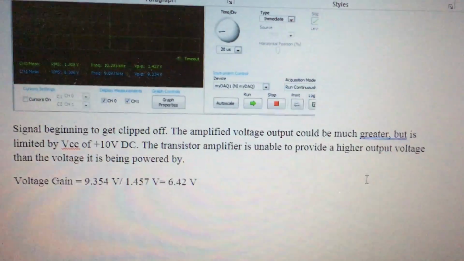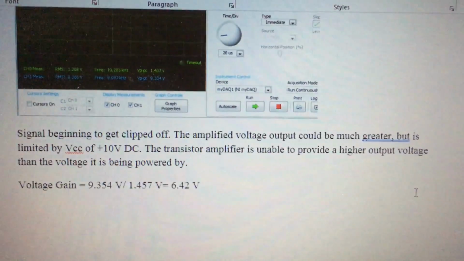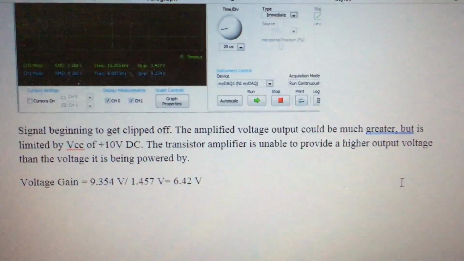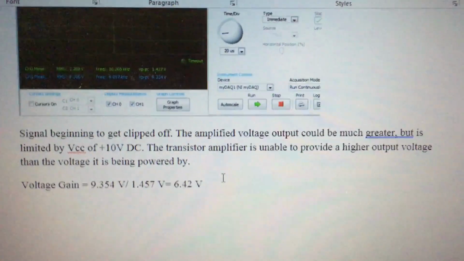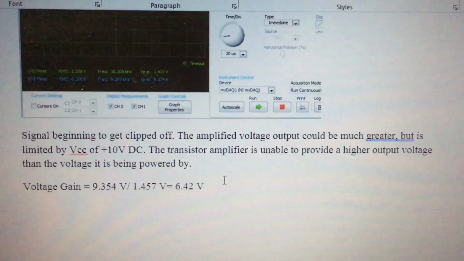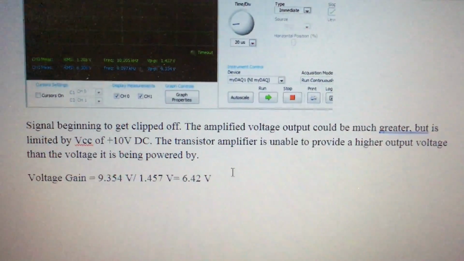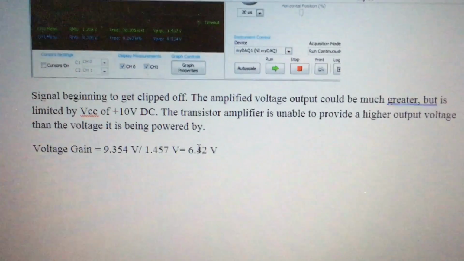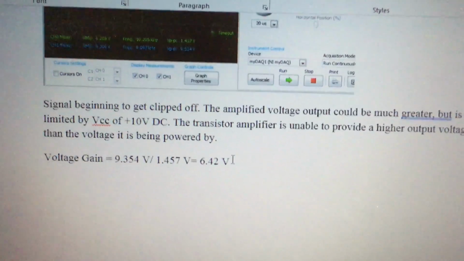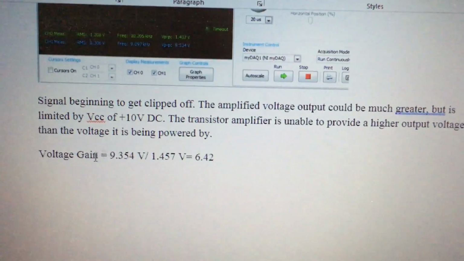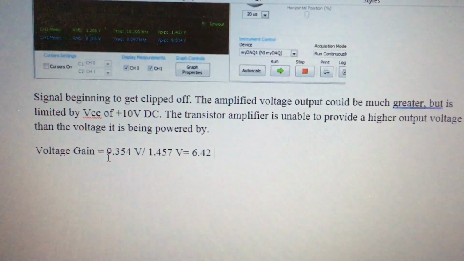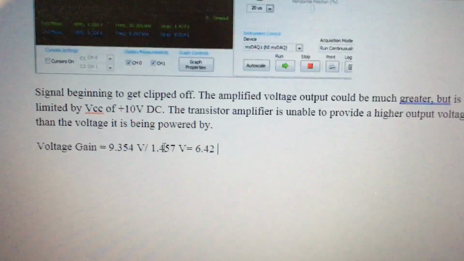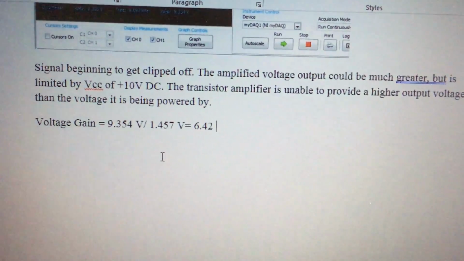The amplified voltage output could be much greater, but is limited by VCC of 10 volts DC, since the transistor amplifier is unable to provide a higher output voltage than the voltage it is being powered by. So it's capped with a voltage gain of 6.42. The output voltage was 9.354 volts, input was 1.457 volts.